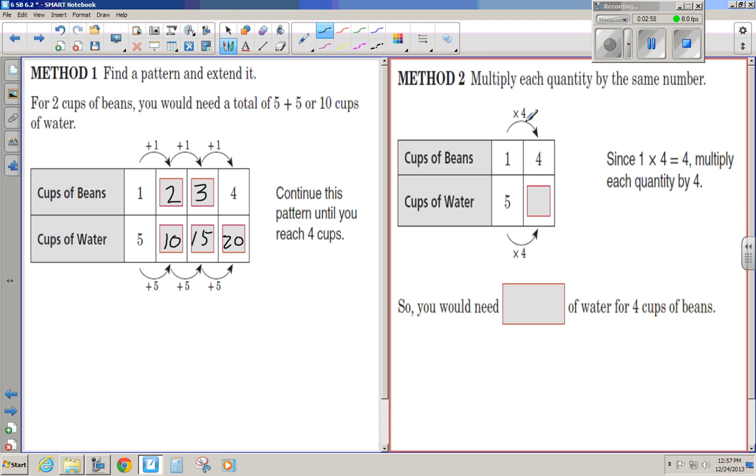Multiplying is a little bit faster, but sometimes it's hard to come up with a number. 1 times 4 gives us 4. 5 times 4 gives us 20. So either way, you would need to have 20 cups of water for 4 cups of beans.